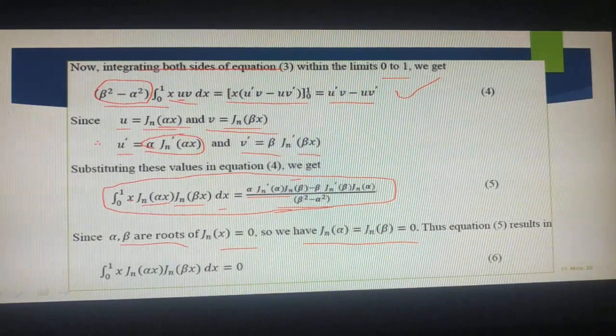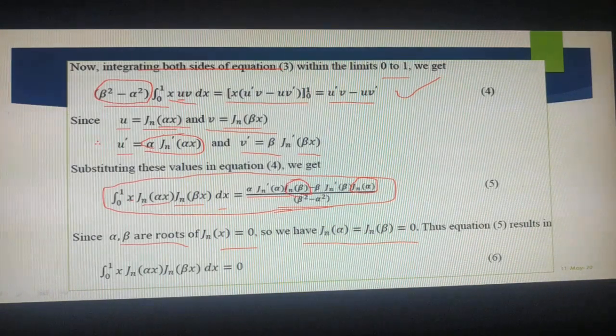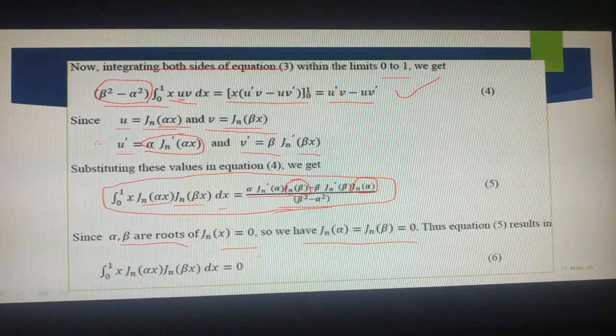In place of alpha and beta, I'm substituting here jn of alpha, this value is 0, jn of beta value is 0, isn't it? So in the numerator we have 0, and 0 by something will be 0.